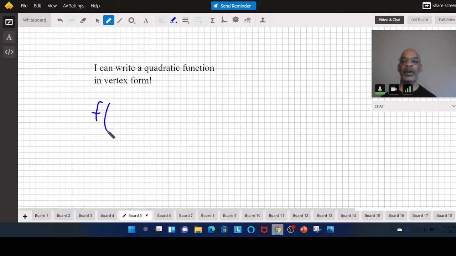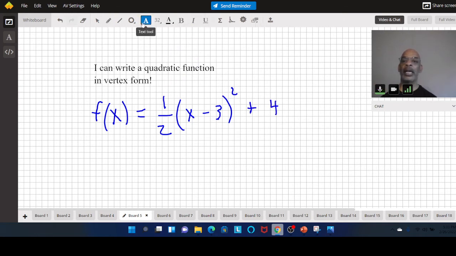Go with our dependable f of x equals, how about 1/2 times x minus 3 to the second power plus 4. The h value equals 3 because we have x minus h, and the k value located at the back is 4.